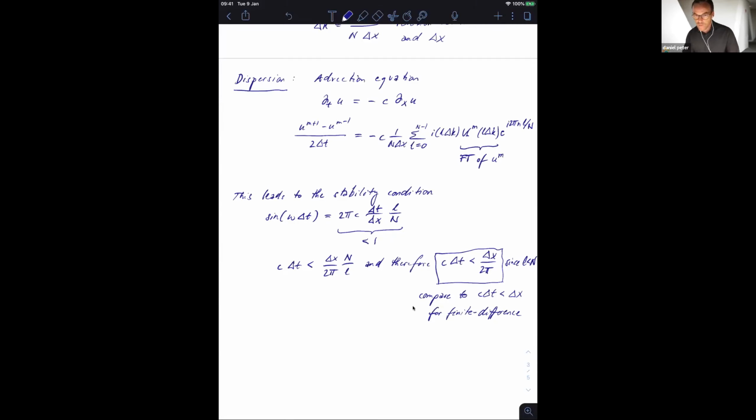Let's say when we use a central scheme instead of the pseudo-spectral scheme for the spatial derivative. So you see the pseudo-spectral scheme leads to a slightly smaller time step. It has this additional factor 2 pi in the stability condition compared to the finite difference scheme.